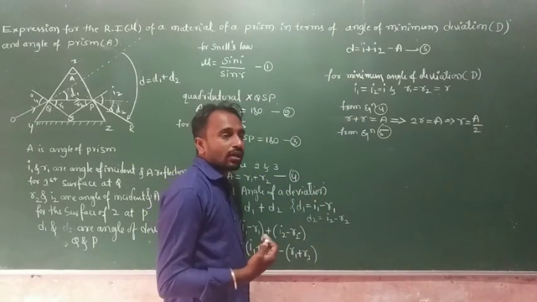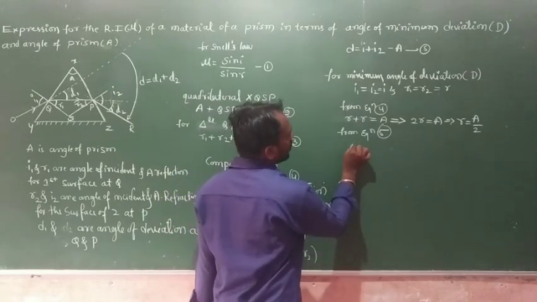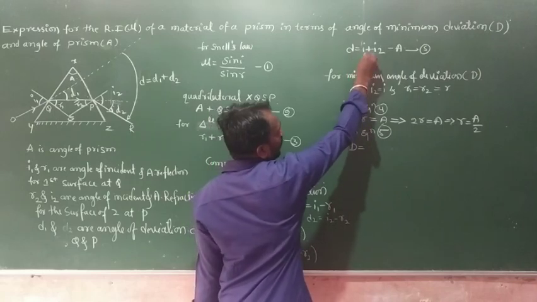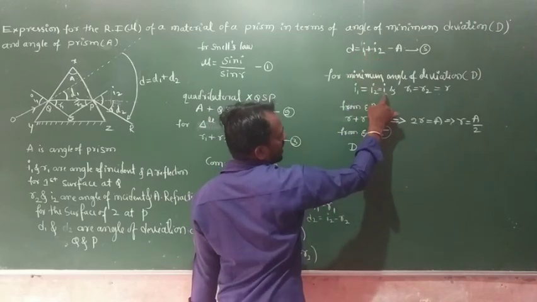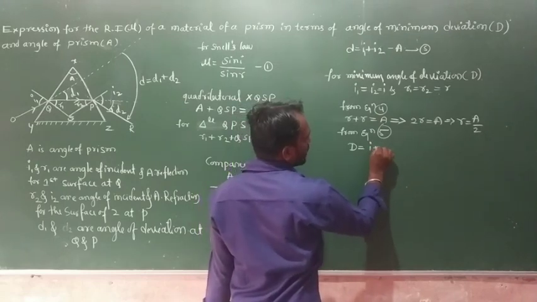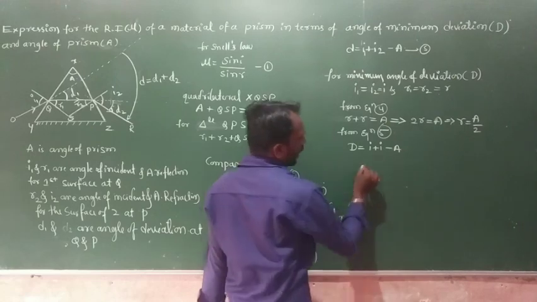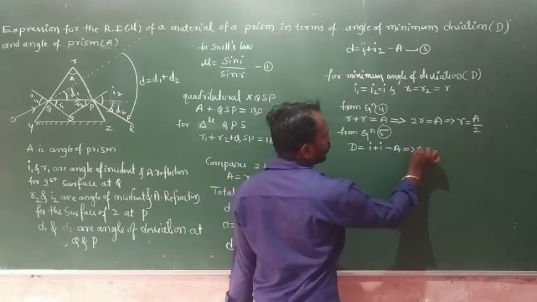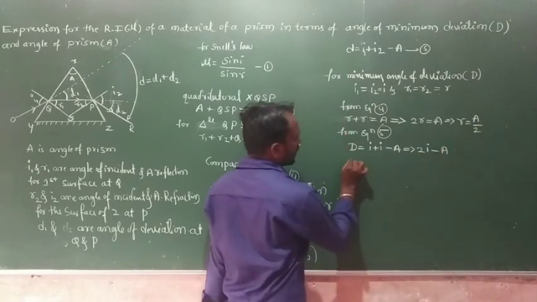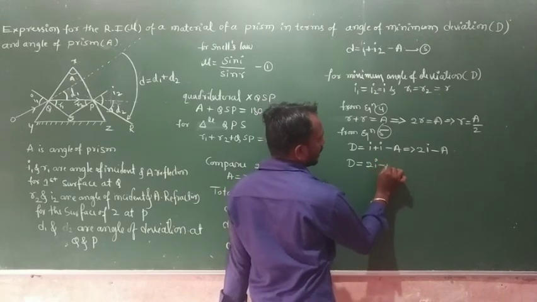So D is equal to I plus I minus A, it means 2I minus A. So D is equal to 2I minus A.